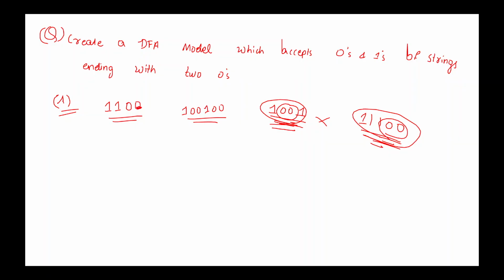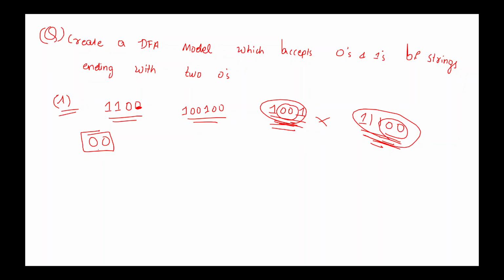To create a DFA model, the first thing we need to understand is the base condition. What is our base condition in this case? We need a string ending with two zeros. Do you think the string with only two zeros itself should be accepted?